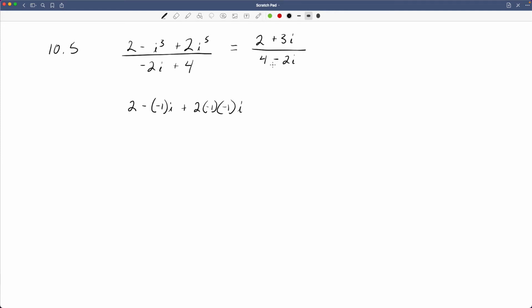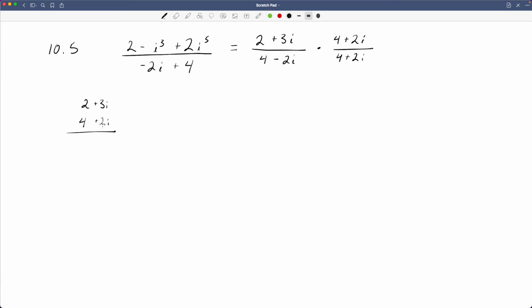Now we can conjugate and multiply. And we're going to multiply the top and the bottom by the opposite operation, 4 plus 2i, on the numerator and the denominator. So when we do that, I'm going to stack it and do it over here. Let's do 2 plus 3i and then 4 plus 2i.